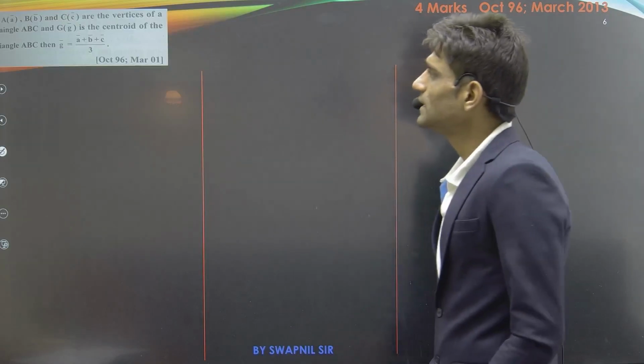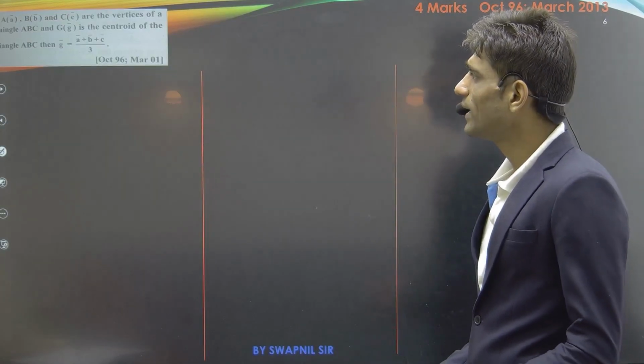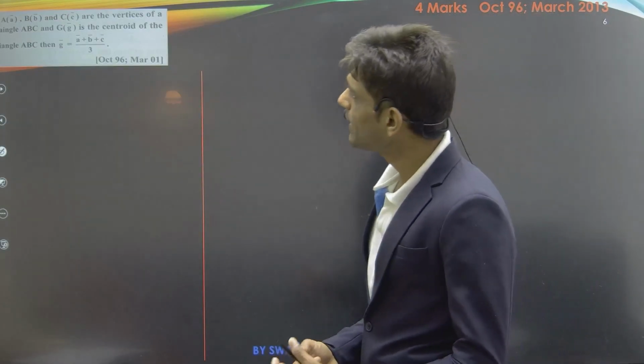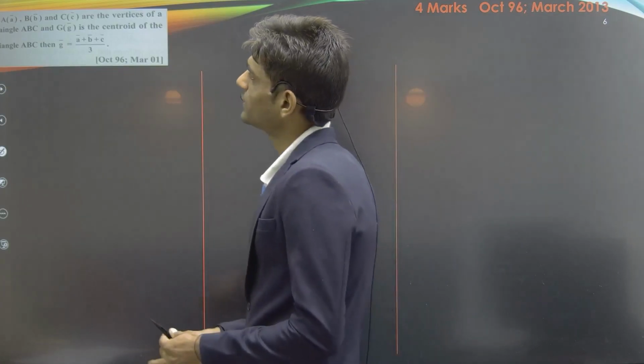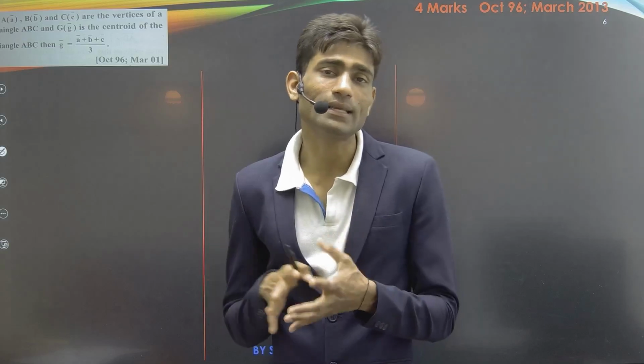Now see that we are given vectors a bar, b bar, and c bar as the vertices of a triangle ABC. So we have 3 vertices A, B, C with their position vectors a bar, b bar and c bar.